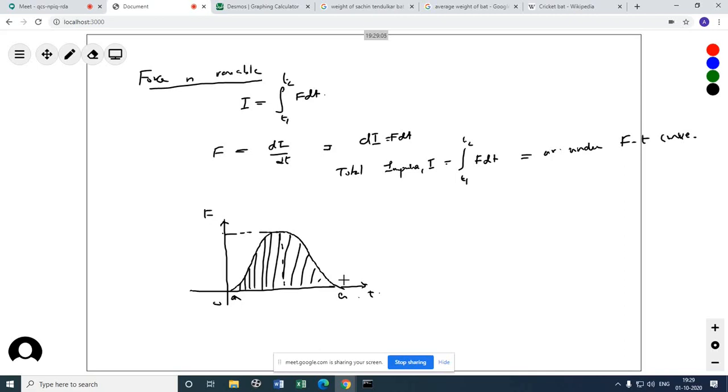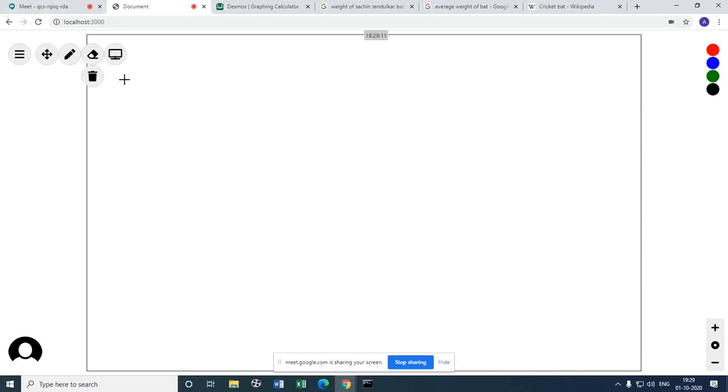Understand? Let us take an example, then we can proceed. Now let me give you examples of impulse. What are different examples of impulse? First thing, number 1. You can notice here one thing.